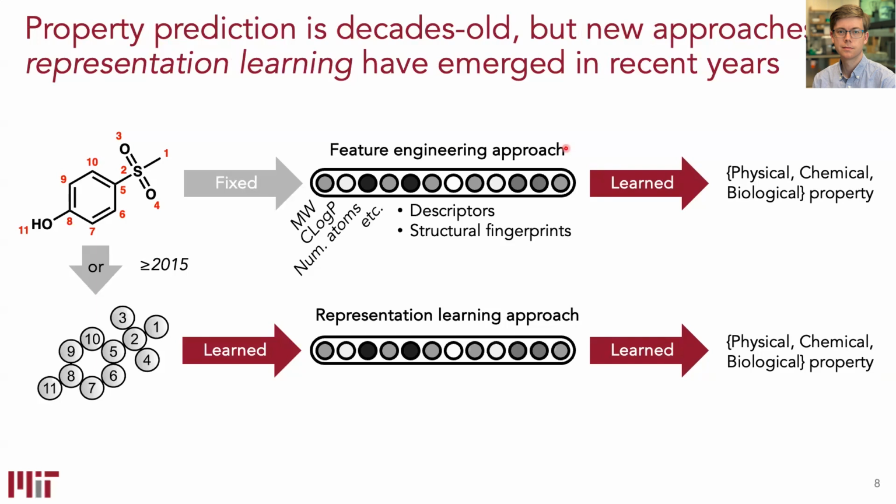So we've always tried to be very clever, right, as a field, in doing the second learning step. So how do we take a vector description of a molecule and predict a physical property? We've applied machine learning to this for decades. The change since about 2015 is that now we use things like graph neural networks to take a graph structure, learn a numerical embedding, and regress that end to end with properties of interest.